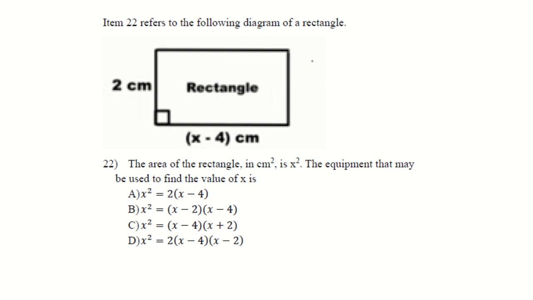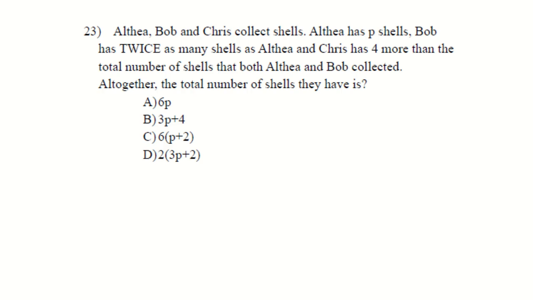Length times breadth, which is (x minus 4) multiplied by 2, is equal to x squared. So that's 2x minus 8 is equal to x squared. So that's exactly what I have here. So A is the answer. And that's how you would do this one.